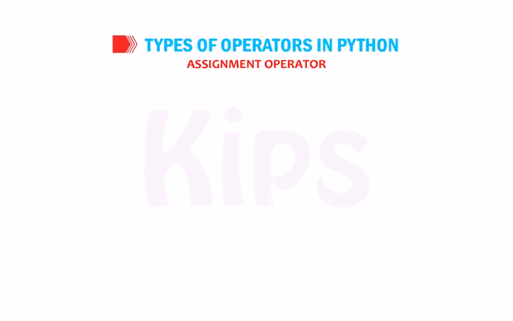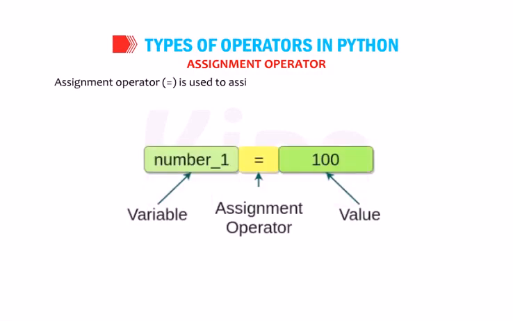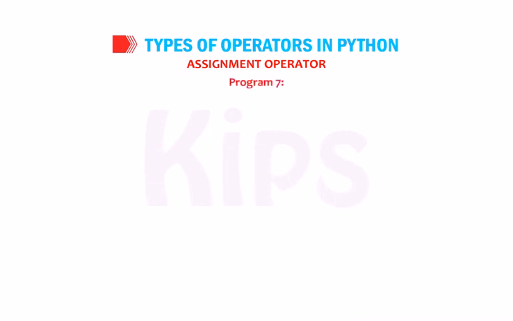Assignment operator. Assignment operator is used to assign the value of an expression to a variable. It assigns the value on its right side to the variable written on the left of it. You have used this operator previously in the programs. Program 7.